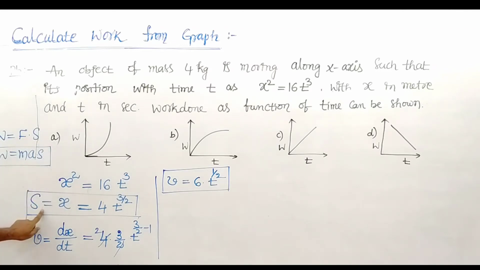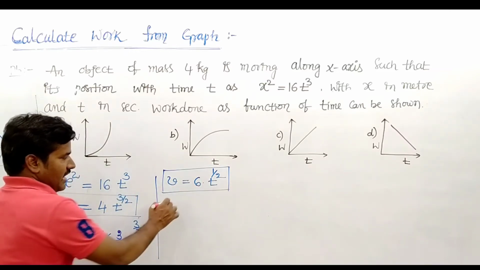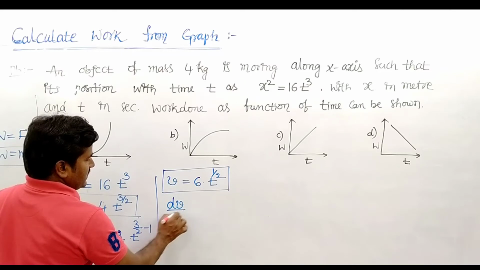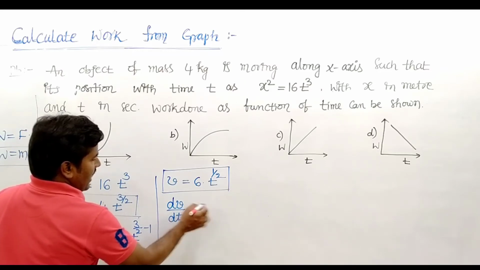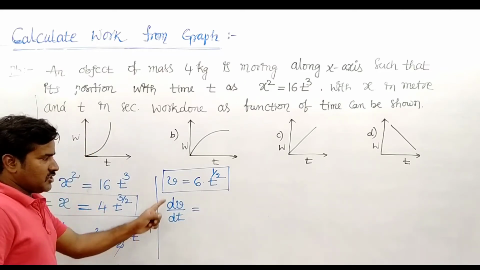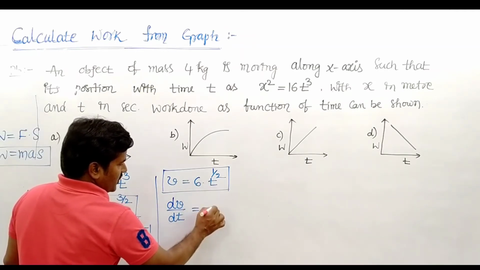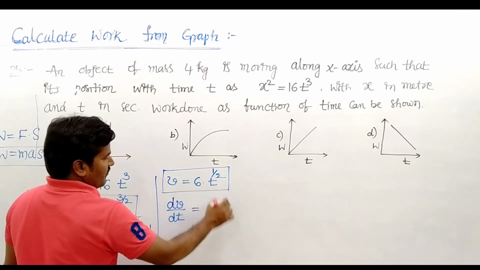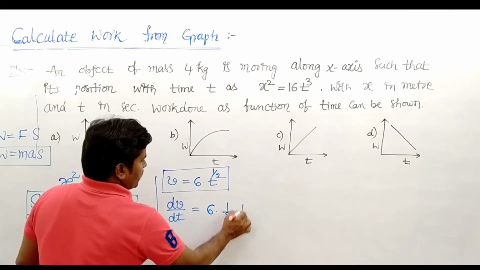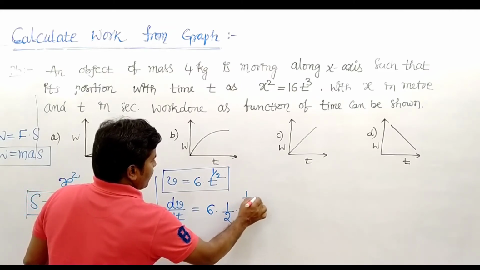The derivative of displacement indicates velocity, and the derivative of velocity is acceleration, dv upon dt. It is nothing but the differentiation of velocity. It is written as the differentiation of 6 into the differentiation of t to the power half, half into t to the power half minus 1.